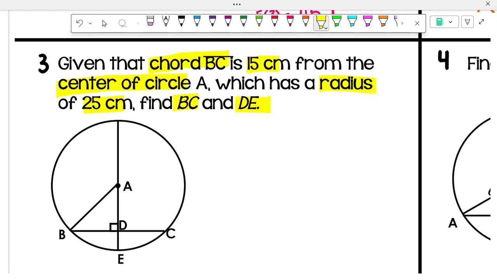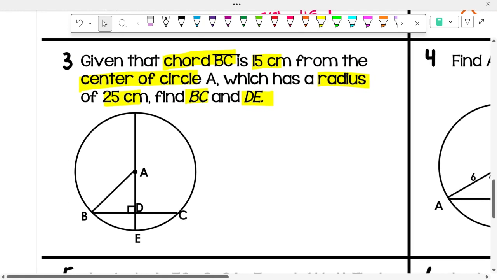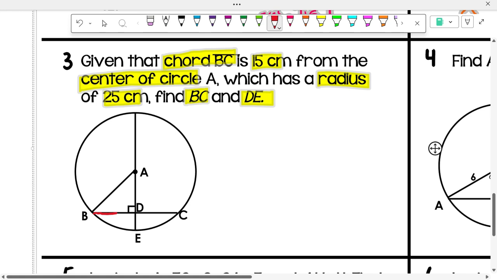Find BC and DE. So what it says is given that BC, so this entire chord right here is 15 centimeters.